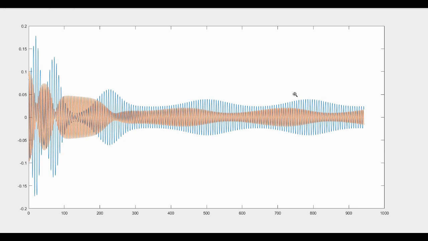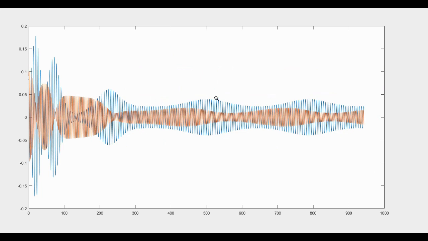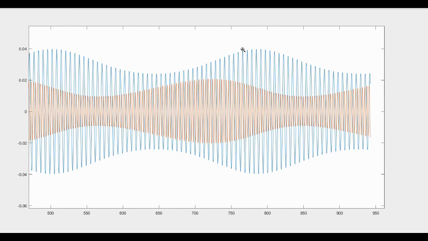You can see that the frequency of the red one, which is x2, is twice that of x1. You can see that the amplitude is modulated. It slowly changes. I could run it longer and you would see that the amplitude settles to this value. You can see it's about 0.04 here for the blue one.